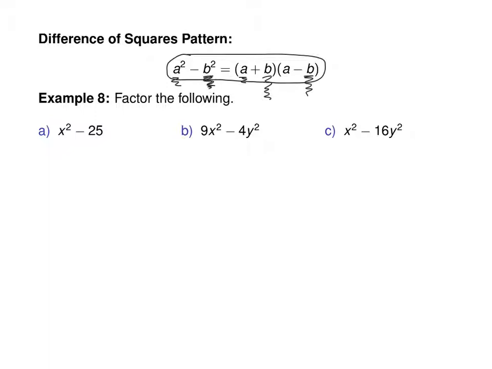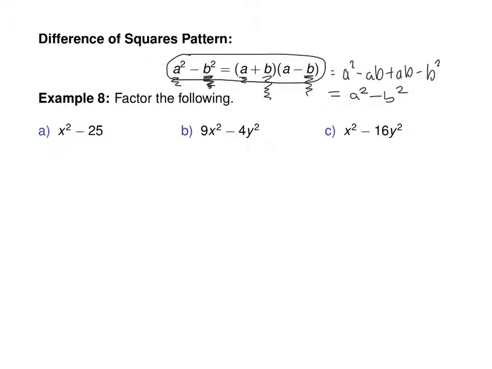And you have one factor that's positive and one factor that's negative. You can verify that this is true by multiplying the polynomials on the right together. When you do so, you get a squared minus ab plus ab minus b squared. And so those negative ab and positive ab cancel, just giving you a squared minus b squared.